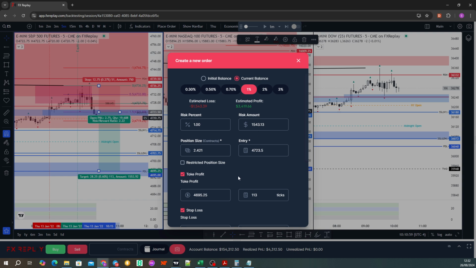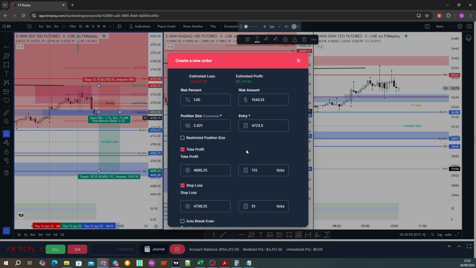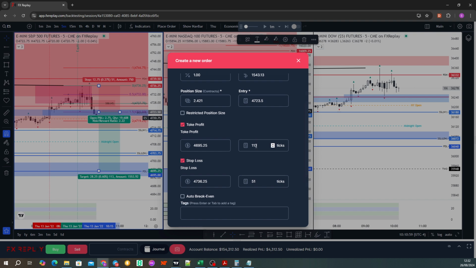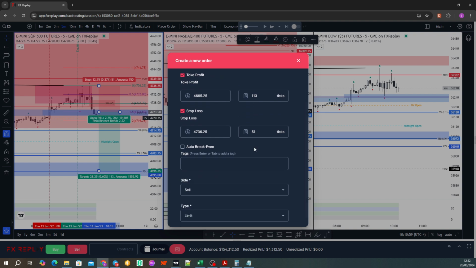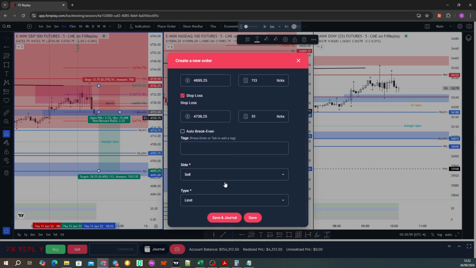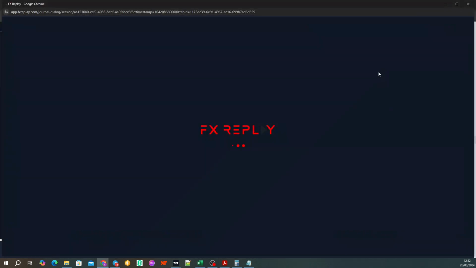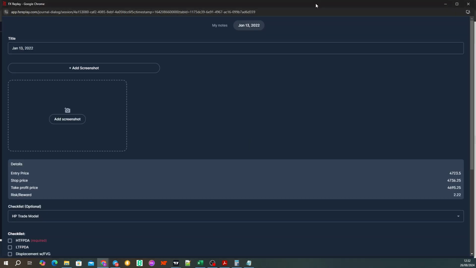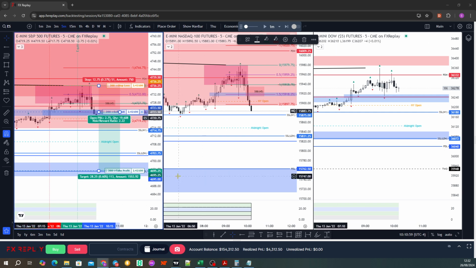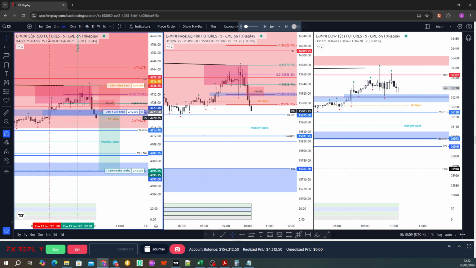Okay. Let's just make sure our levels are correct. Yes. Sell limit. I'm going to save and journal. So I'm just going to do this on the other page.